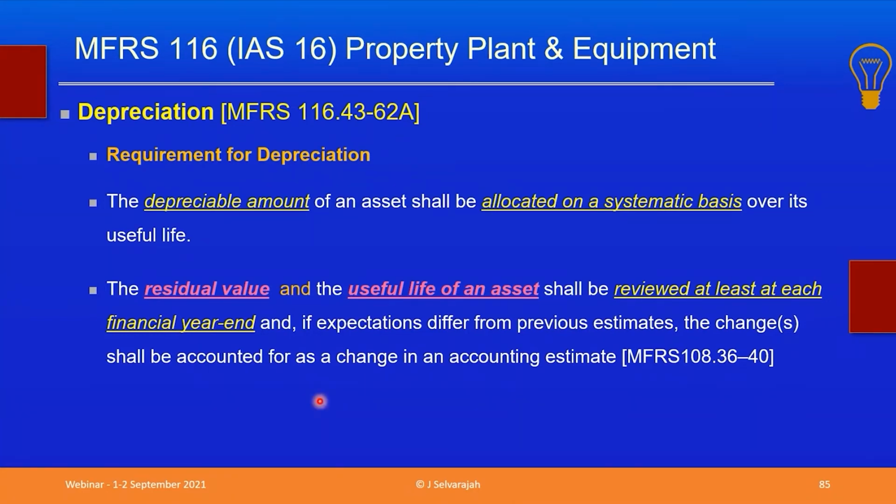Every year, the residual value, is that the value I can recover? And the useful life. We have another 3 more years to run. Can that machine still last 3 years? What happens if the machine is damn strong, lah? 3 years is nothing. This thing can last another maybe 7, 8 years, you know.